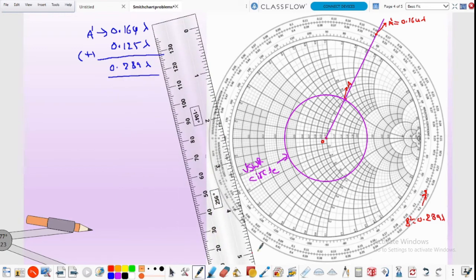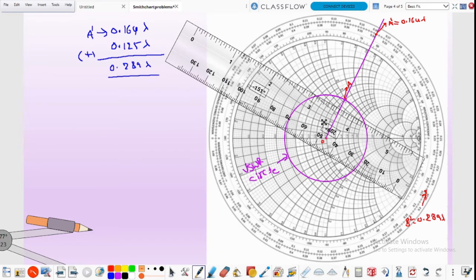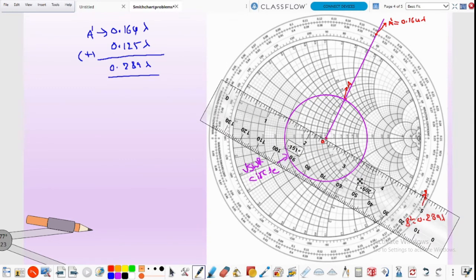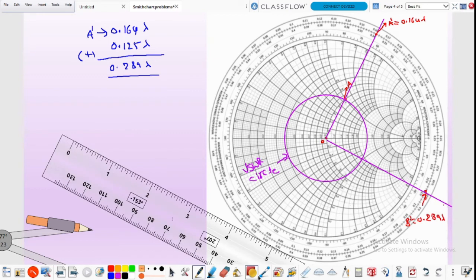Using a scale, connect B dash and the origin point. This is lambda by 8 distance.